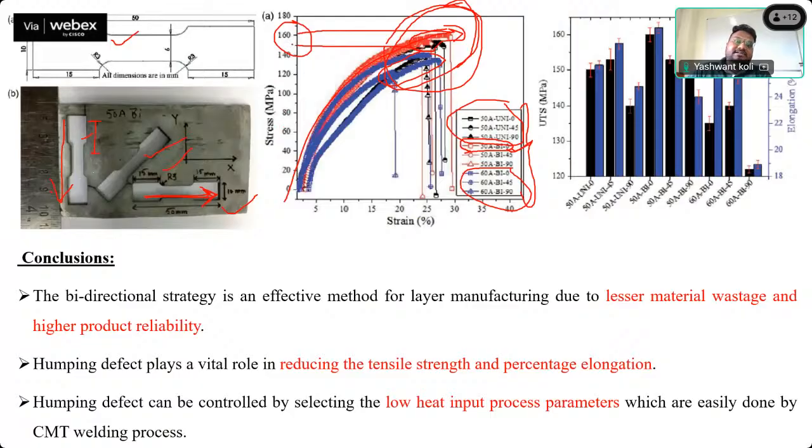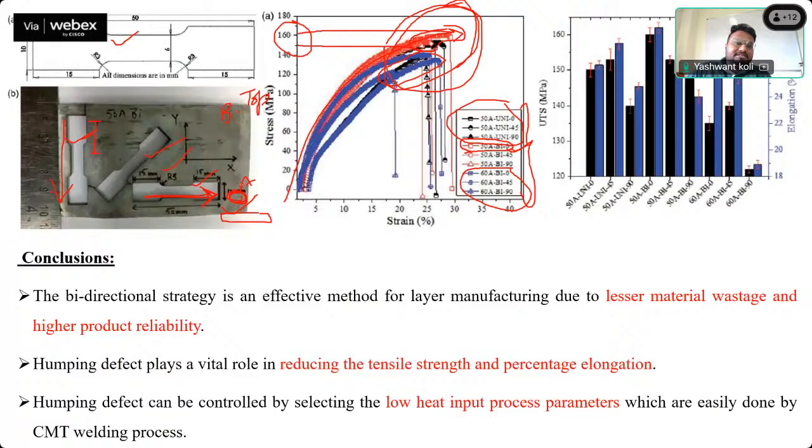If the vertical sample and the horizontal sample have almost the same strength, or plus minus 10 megapascal, then we can justify the anisotropy. This is the base, the substrate metal, and the property at point A and the property at point B. Suppose this is B, the top surface.